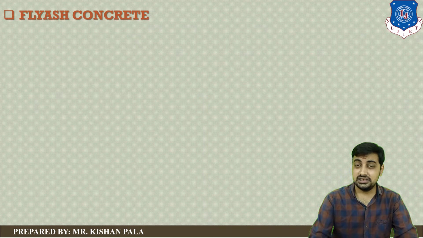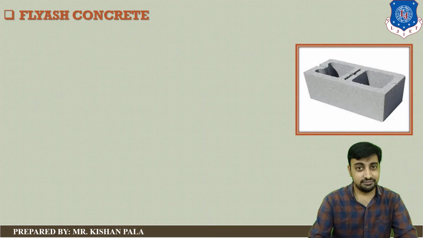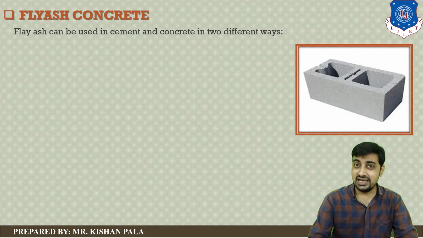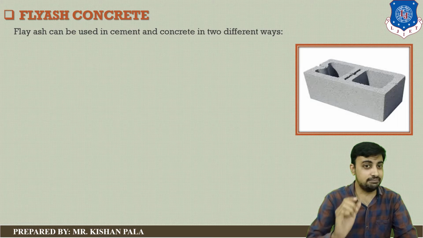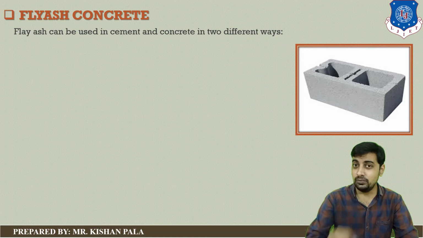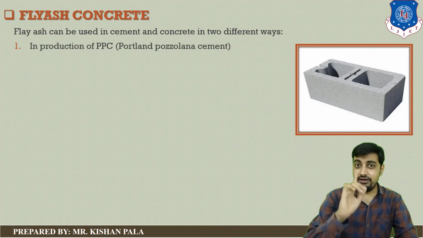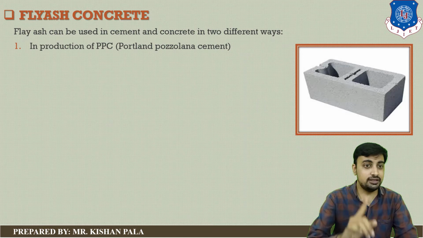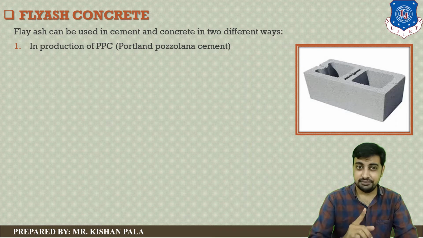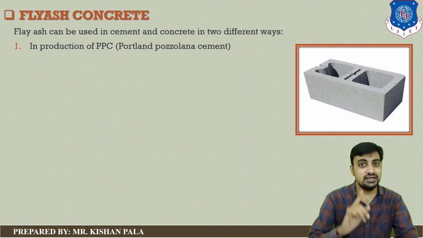Now let us discuss fly ash concrete. As we know, fly ash can be used in cement and concrete in two categories. The first is in the production of PPC, Portland Pozzolana cement.